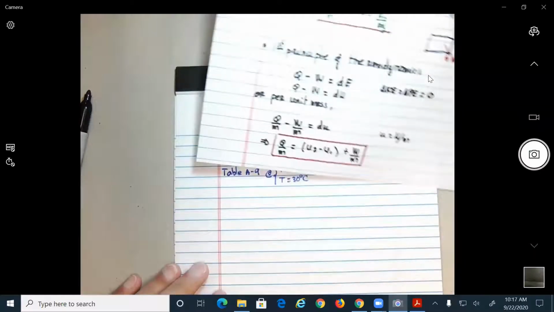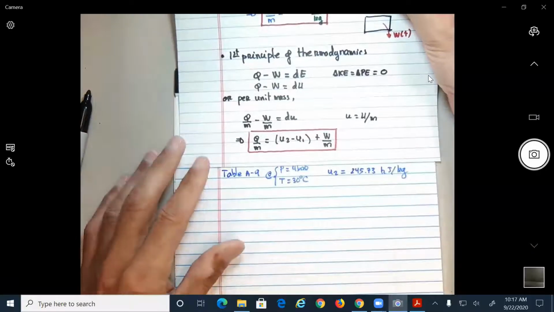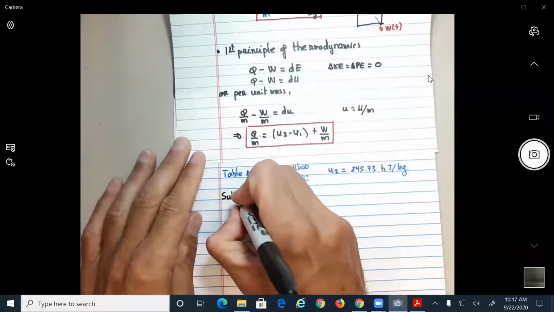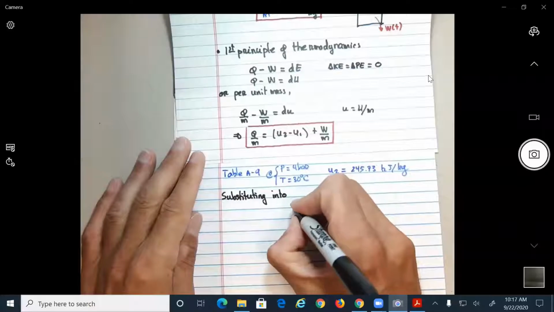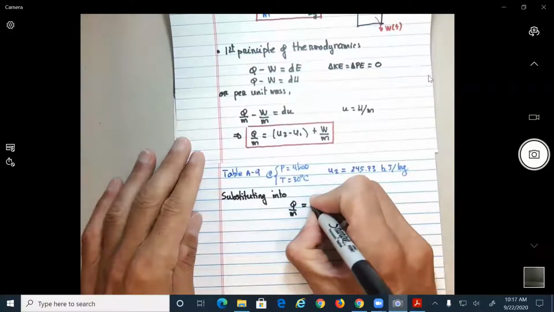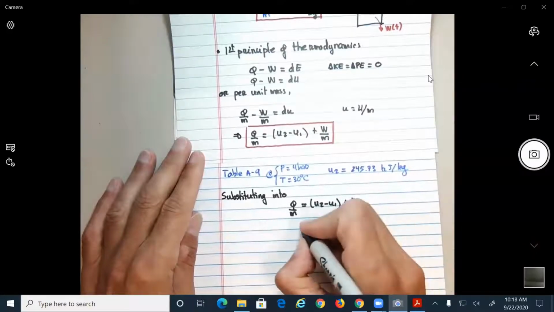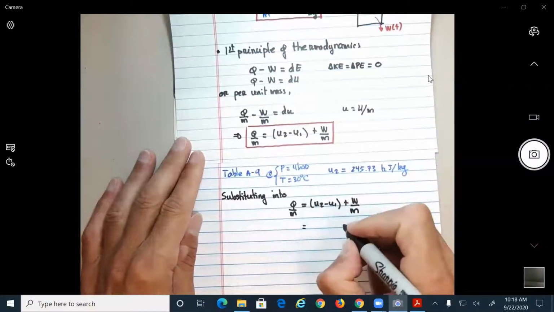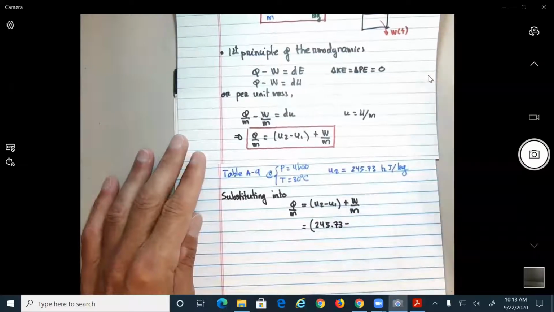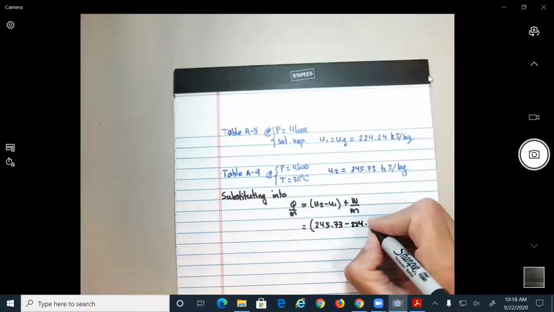So now I can go back to this equation that we just had before. So we can say, substituting into Q sub M equal U2 minus U1 plus work over M. All right, so this will give you what? U2 we found to be equal to 245.73 minus U1 we found to be equal to 224.24.